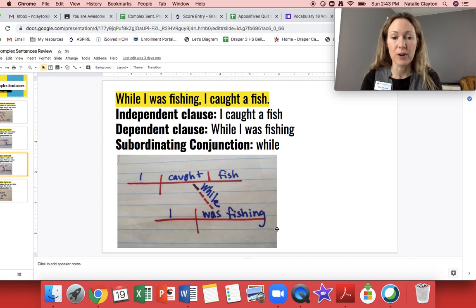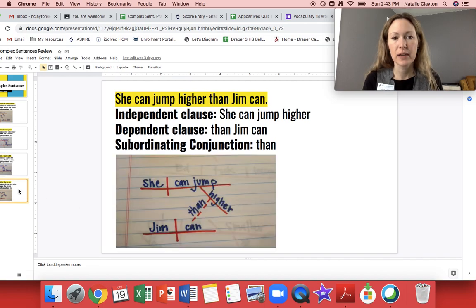So we take this verb phrase of our adverb clause and connect it back up to caught. What is it that you were doing? What is the adverb modifying in the independent clause? Caught. When did you catch? While I was fishing. Okay, last one, guys.